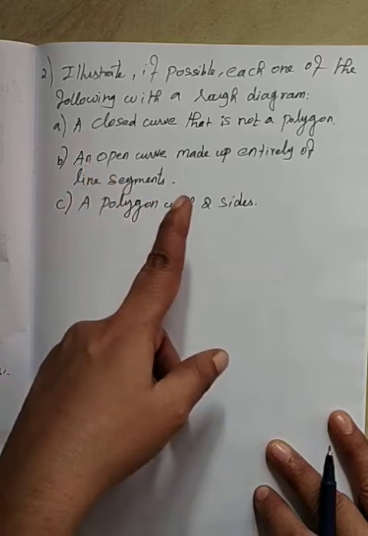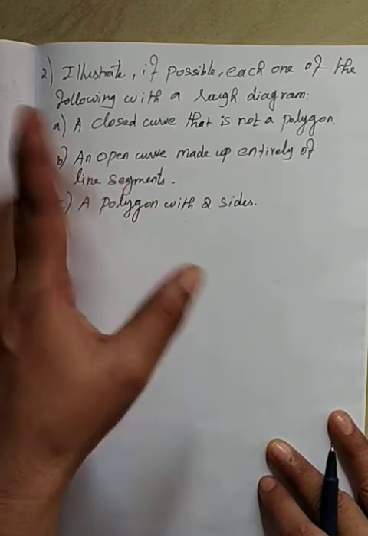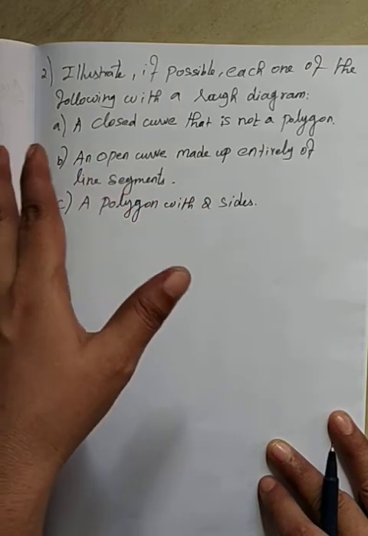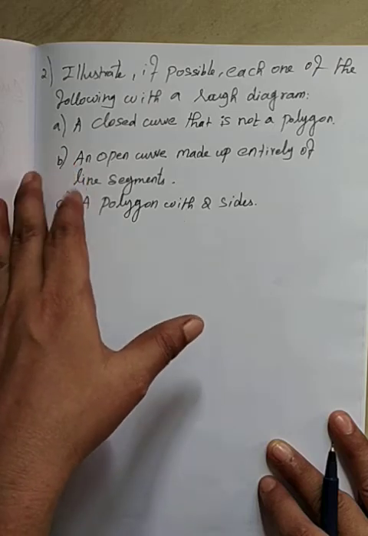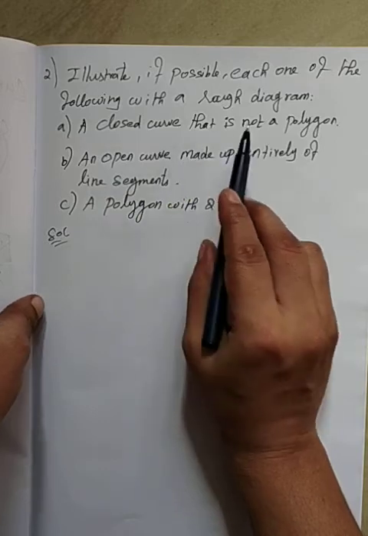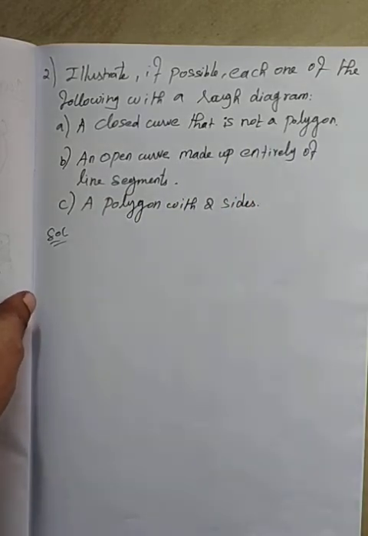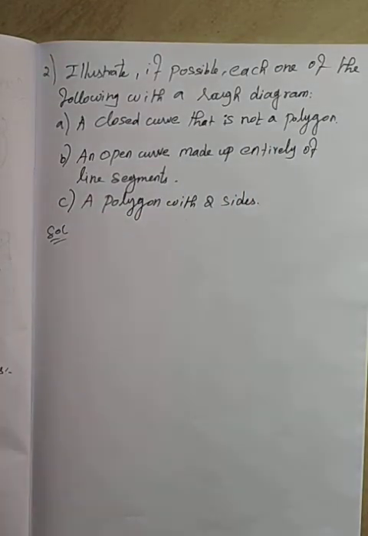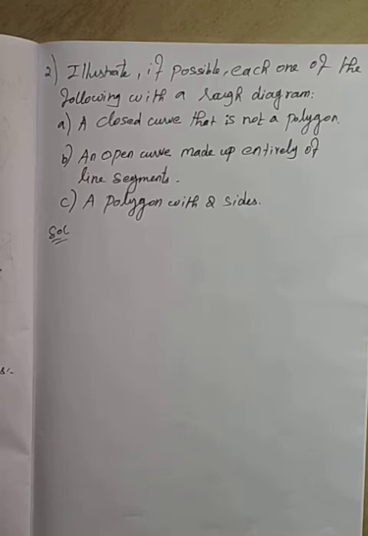Okay, see what is the question. Illustrate if possible each one of the following with a rough diagram. Now you have to try to draw the diagram. See the first one. What is the first? A closed curve that is not a polygon. Okay, see, what is meant by polygon?